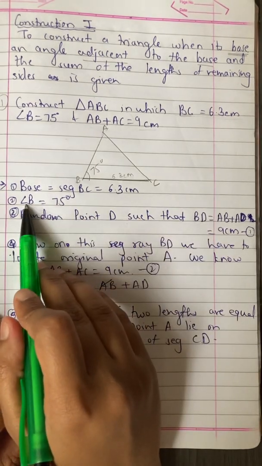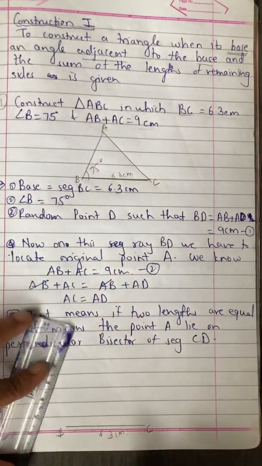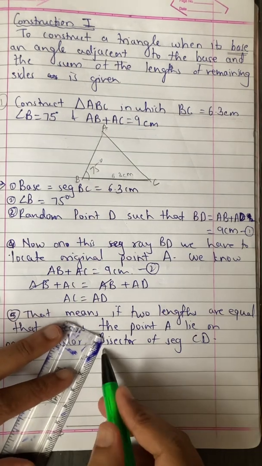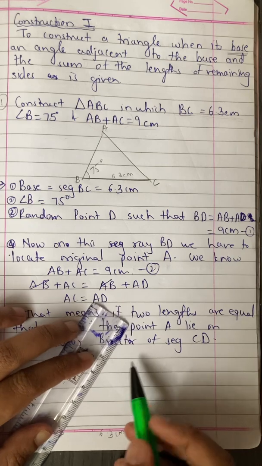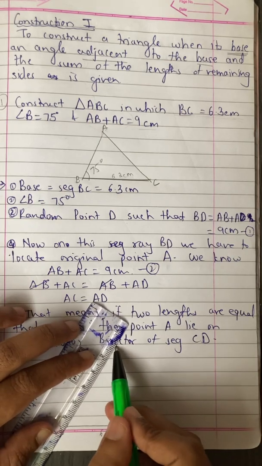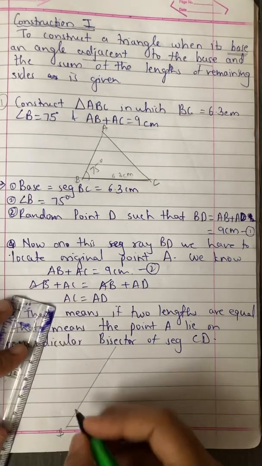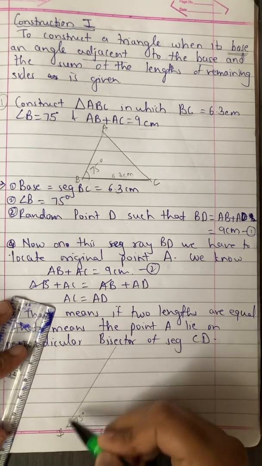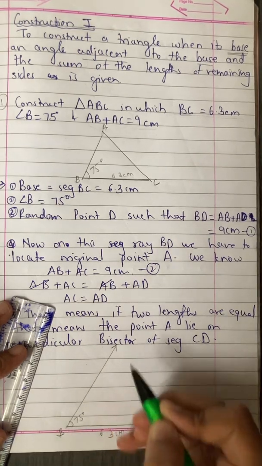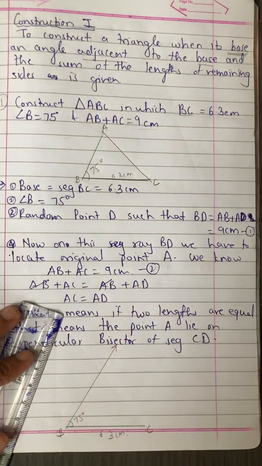You have to measure angle B equal to 75. So I will take measure angle B equal to 75, and always when you draw an angle, you draw it in the form of a ray. Such a long line, you just stretch it in the form of a ray.